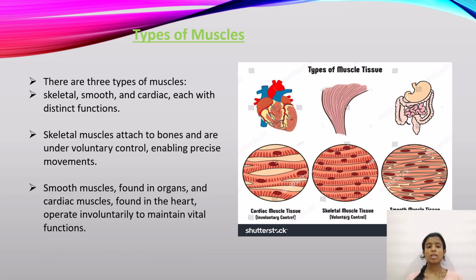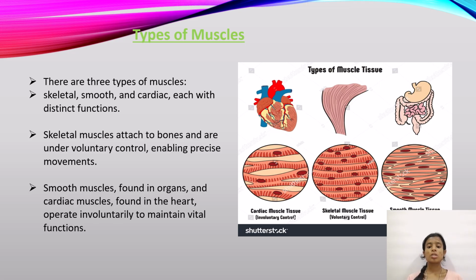Types of muscles. There are three types of muscles: skeletal, smooth, and cardiac, each with distinct functions. Skeletal muscles attach to bones and are under voluntary control, enabling precise movements.